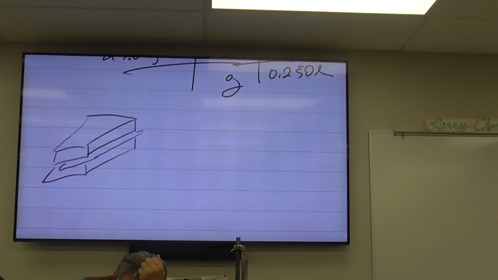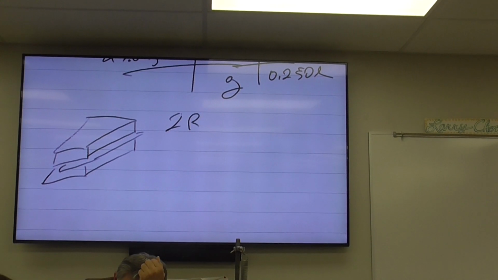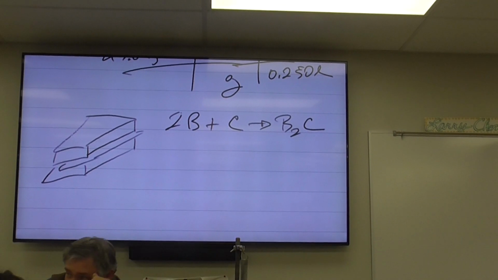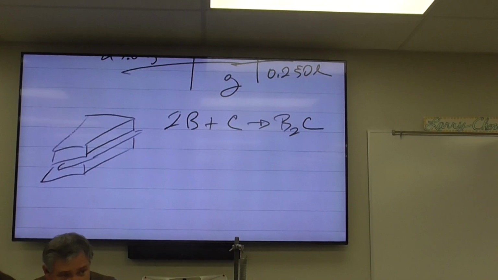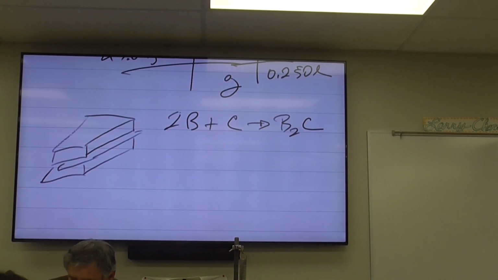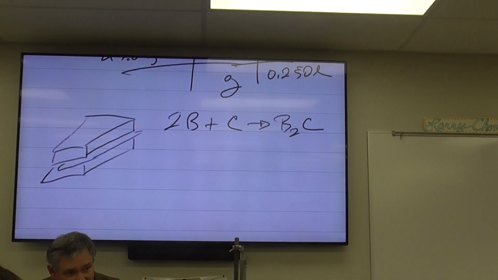A cheese sandwich is made from 2 slices of bread plus 1 slice of cheese to make B2C. So there's the synthesis reaction to produce a cheese sandwich. That's the synthesis side.